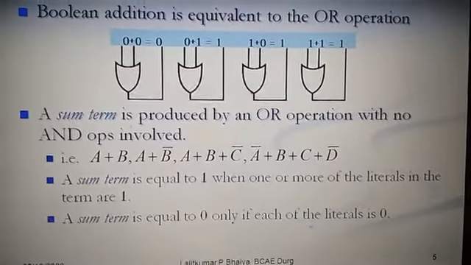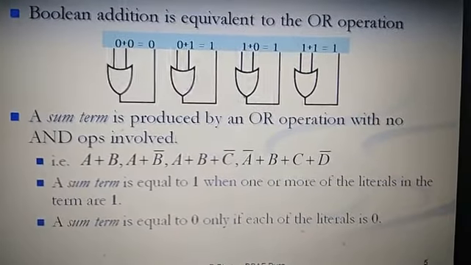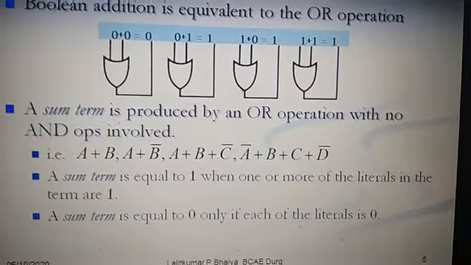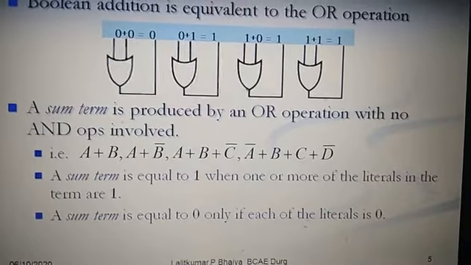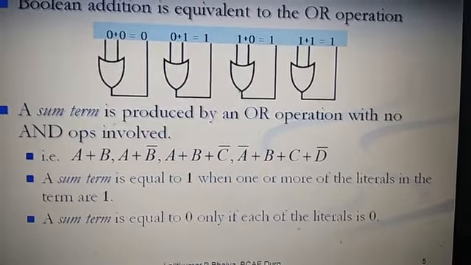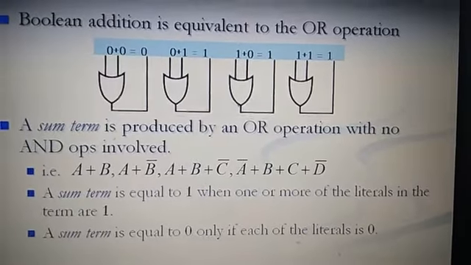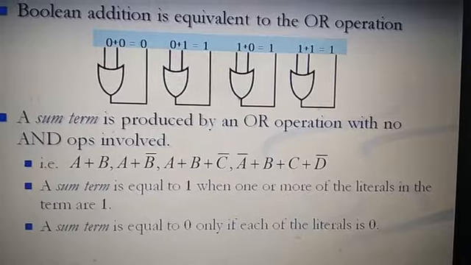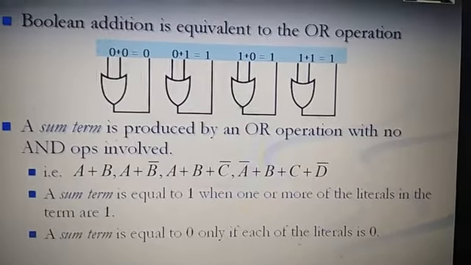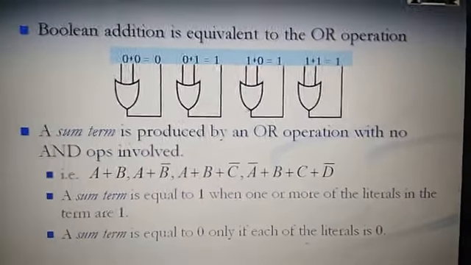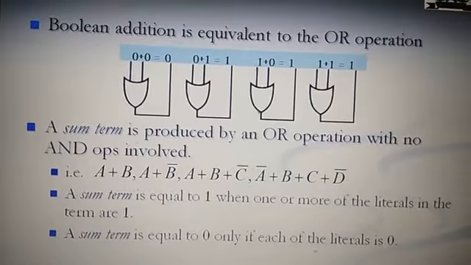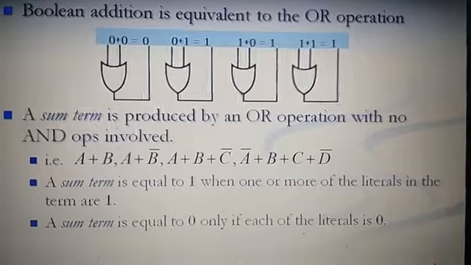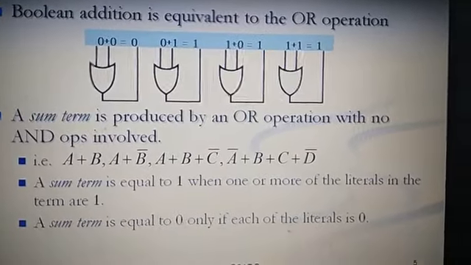A sum term is equal to 1 when one or more of the literals in the term are 1. Try to understand: a sum term is 1 when one or more of the literals in the term are 1. A sum term is equal to 0 only if each of the literals is 0.